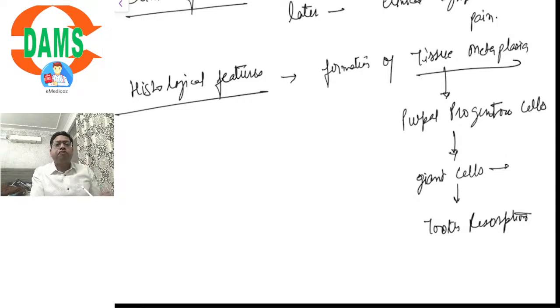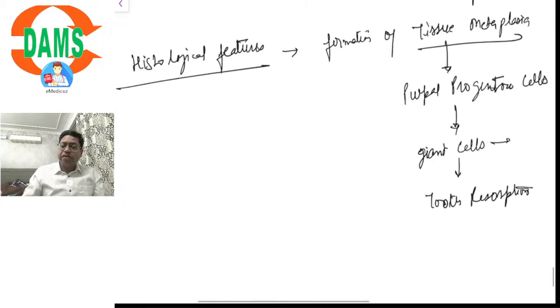Because of the impact of trauma and damage to the predentine, there is a change in the differentiation of these progenitor cells and they become multinucleated giant cells that start eating the tooth from inside. That is known as internal resorption. From where were the external inflammatory cells coming? They were coming from the circulating blood monocytes. Now this is called tissue metaplasia, transformation of the original pulpal cells into these odontoclastic giant cells.